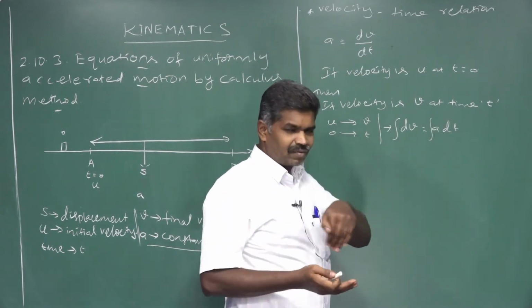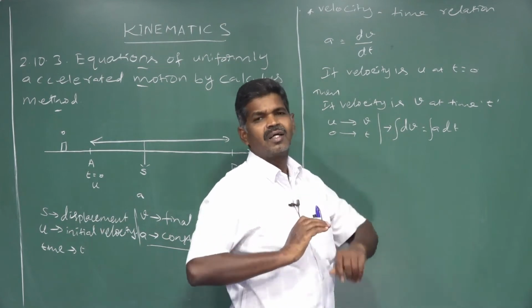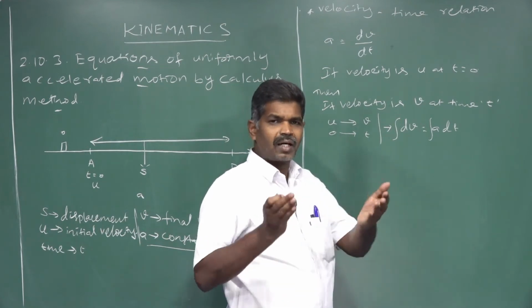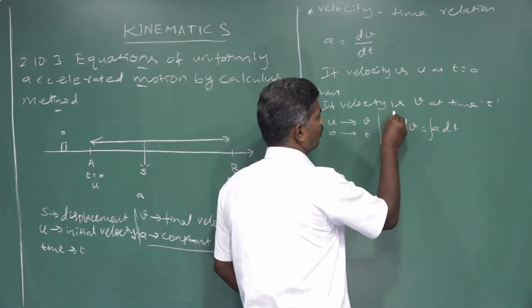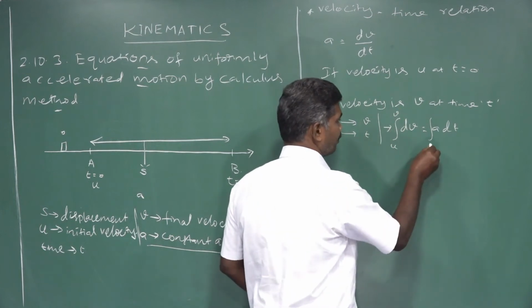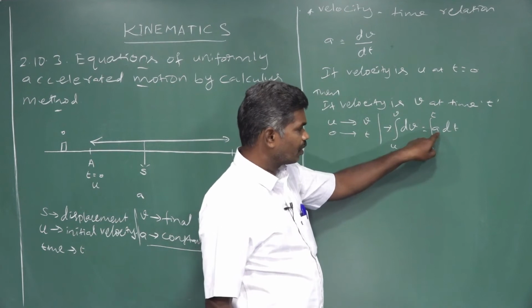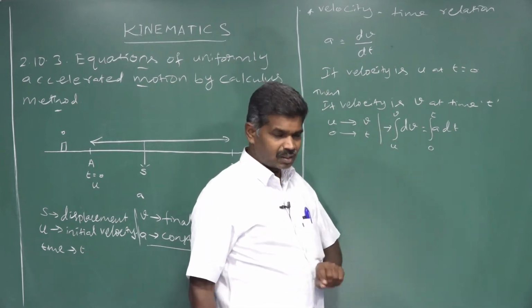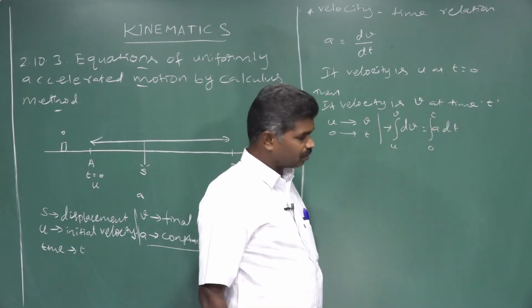A finite integral we are going to use. Finite integral means we have a limitation, lower limit and upper limit. So for u and v, that is the initial velocity and the final velocity, there the time is 0 to t. We know that acceleration remains constant. That's why that constant should be taken out on the right side of our equation.